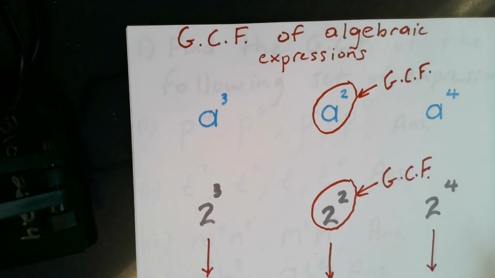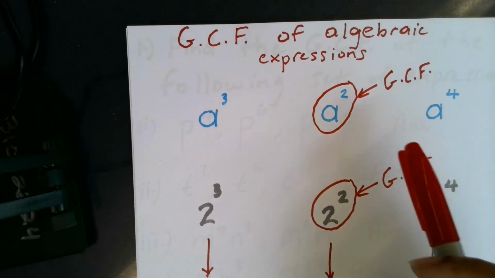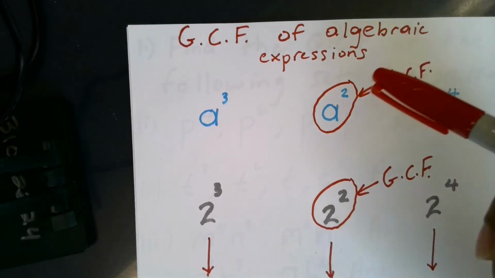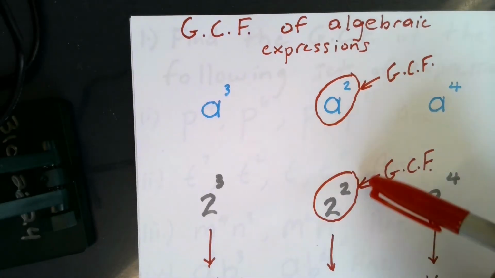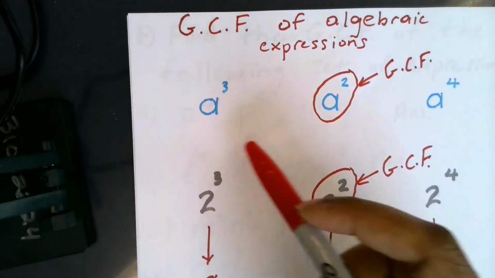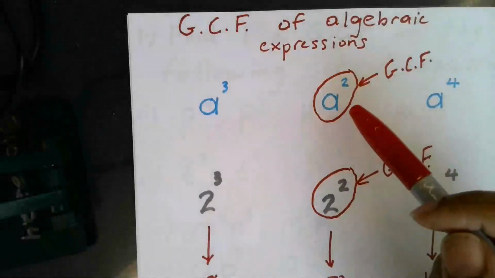Because if 2 squared is the greatest common factor of these three, and a squared is related to 2 squared, it means that the greatest common factor among these three is a squared. All right.